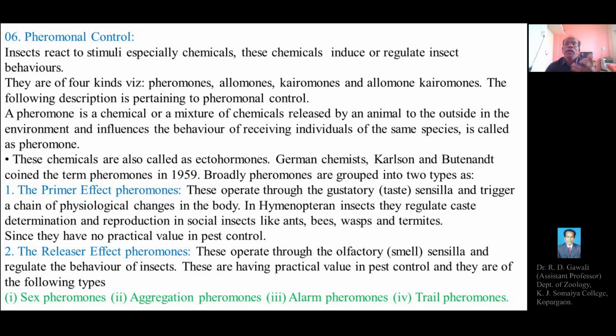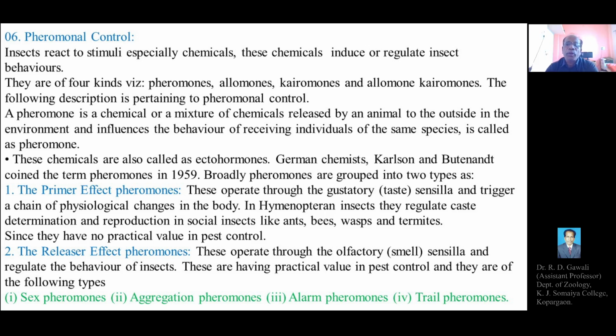There may be the attack of enemies or presence of enemies around the particular organism. So at that time, so as to indicate the problematic situation or the critical condition or the attack of the enemies, to convey this message to other members of the same species, certain organisms or insects secrete or produce the alarm pheromones.